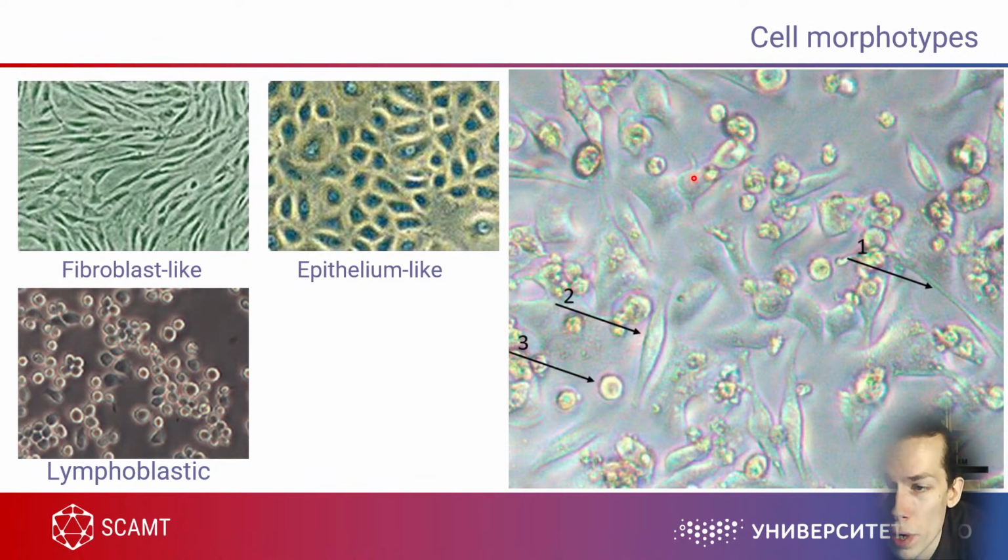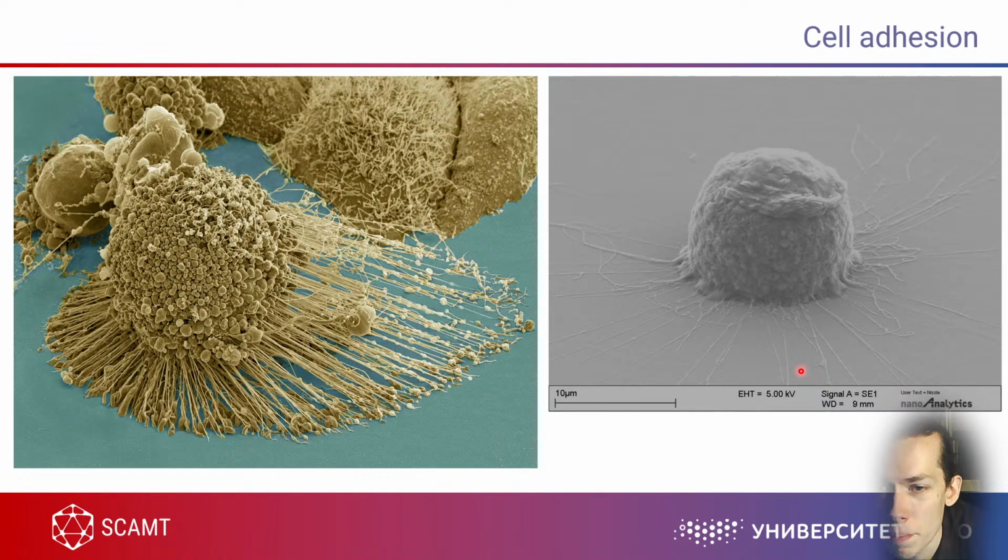So even though you're working with a single cell line, you can observe different cell morphotypes, and this morphology is very important when you're assessing the state of your cells, because some states can be a sign of cytotoxicity caused by nanoparticles, because we're talking about nanoparticles.